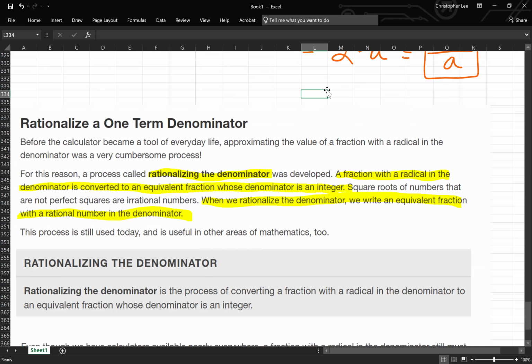This process is still used today and is useful in other areas of mathematics as well. So rationalizing the denominator is the process of converting a fraction with a radical in the denominator to an equivalent fraction whose denominator is an integer, right?